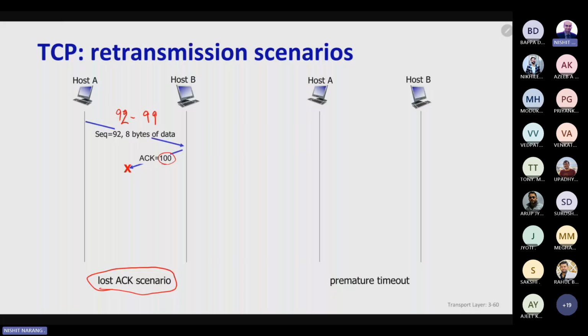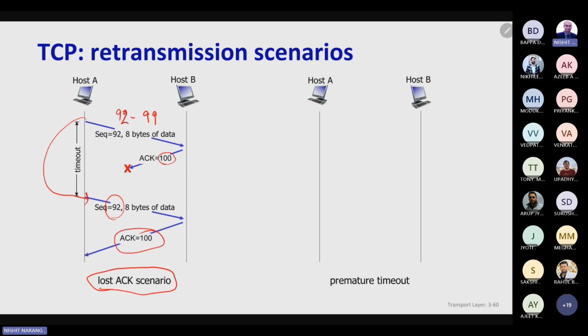It assumes the data was lost. So it will wait for a timeout period for the ACK to come in. And if the ACK doesn't reach even in that timeout period, what will host A do? Retransmit the same bytes 92 to 99 with the same sequence number 92. And this time hoping that ACK 100 will come in.